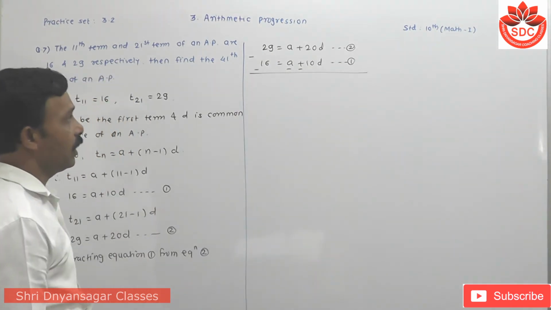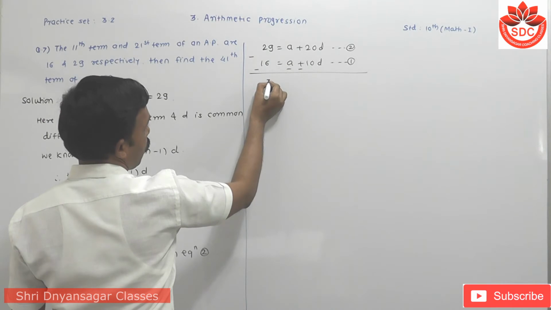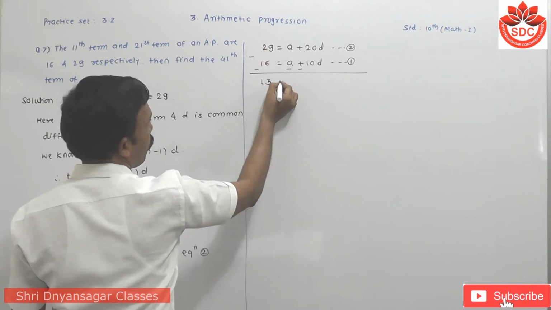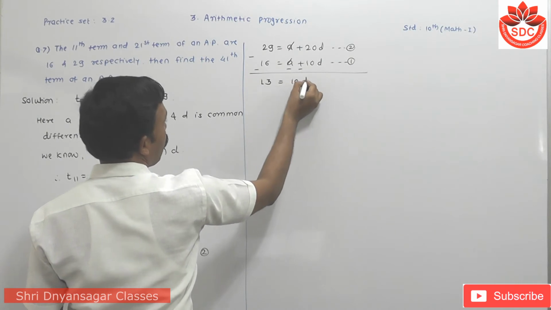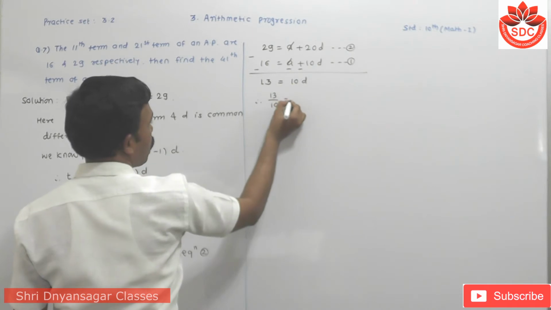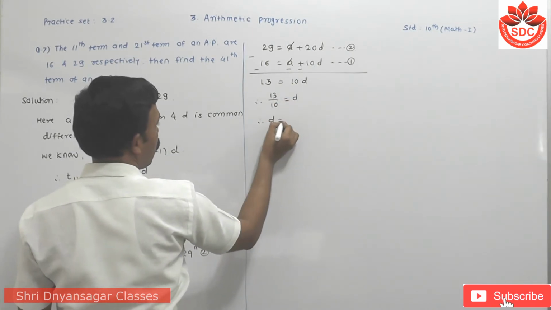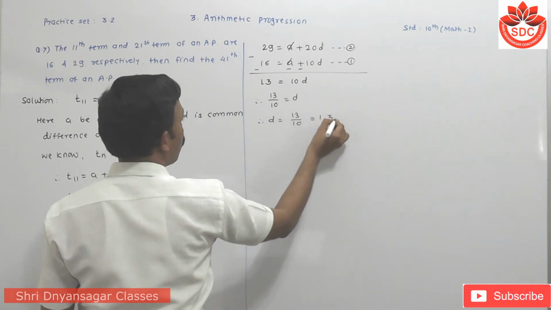Then this subtraction becomes 29 minus 16, which is 13, and a gets cancelled, so 13 is equal to 10d. Therefore 13 upon 10 is equal to d. Therefore d is equal to 13 upon 10, or 1.3.